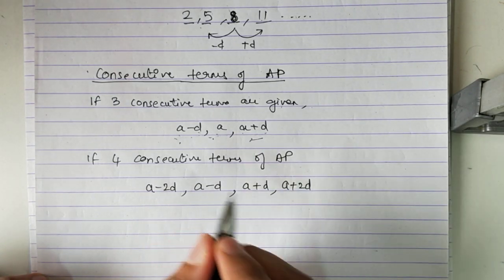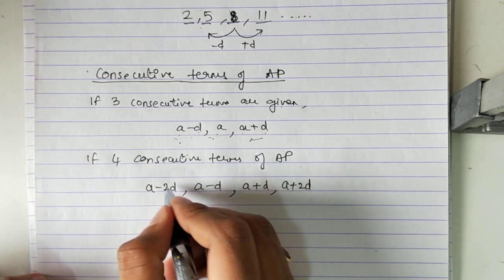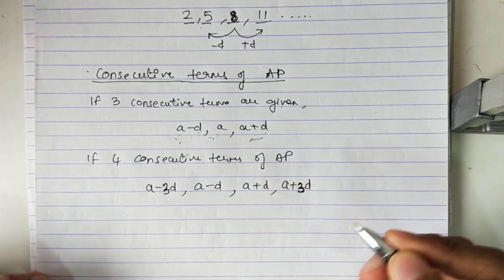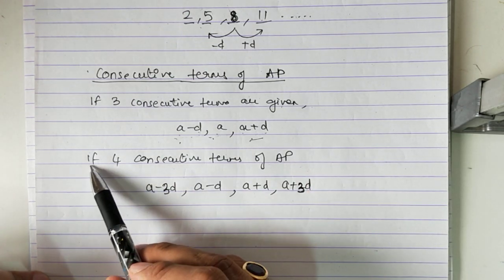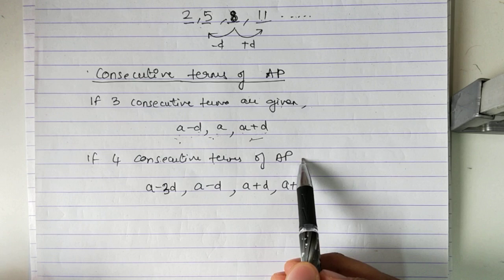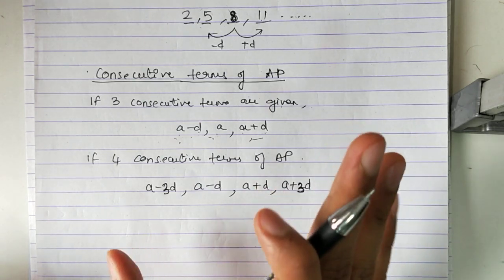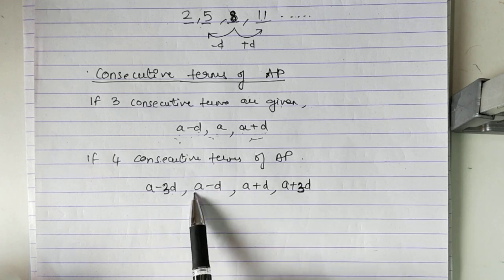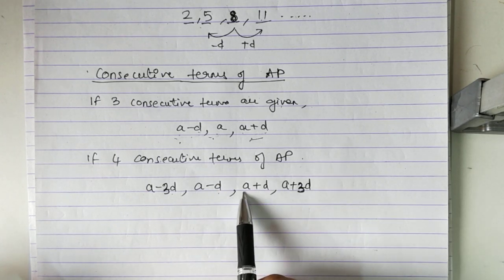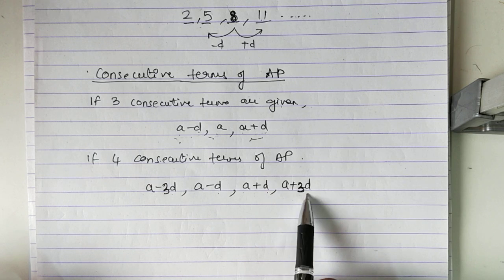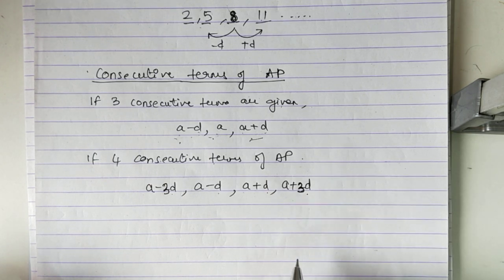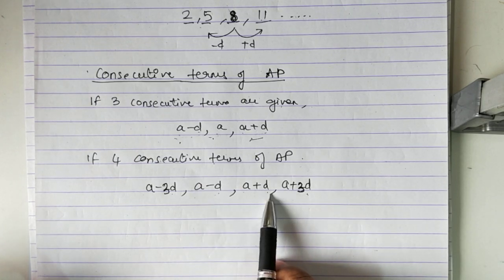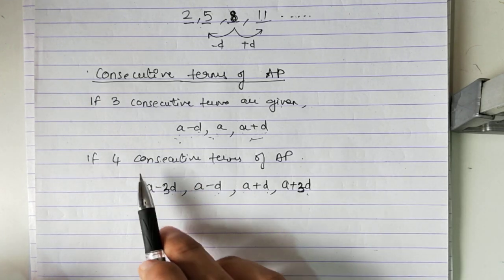Or actually, wait, make this 3. Okay, so if they ask you 4 consecutive terms of AP, what will you take? First term A minus 3D, next A minus D, next A plus D, and the next A plus 3D. So A minus 3D, A minus D, A plus D, A plus 3D. These are your 4 consecutive terms of AP.